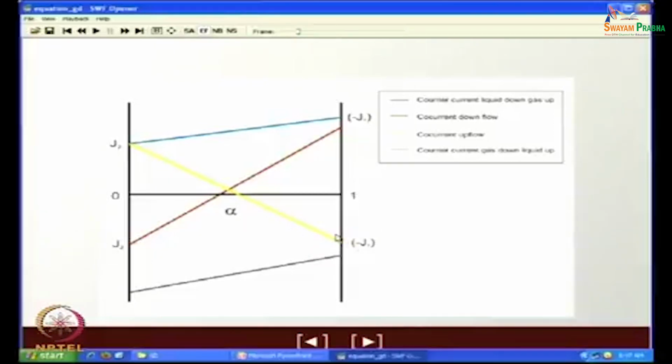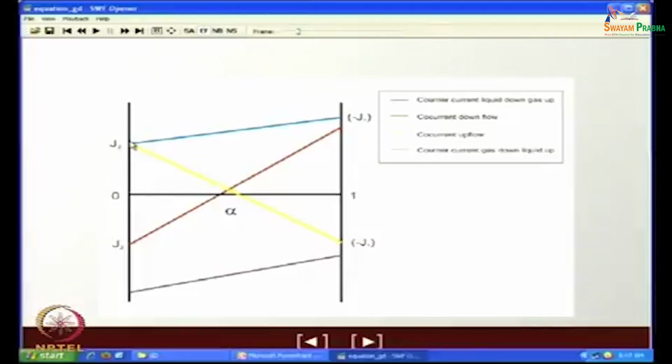Now, try to understand certain things. Suppose your J2 is constant and J1 is increased. What happens? The straight lines intersect the alpha equal to 0 axis at lower and lower values. The implications we will see later.